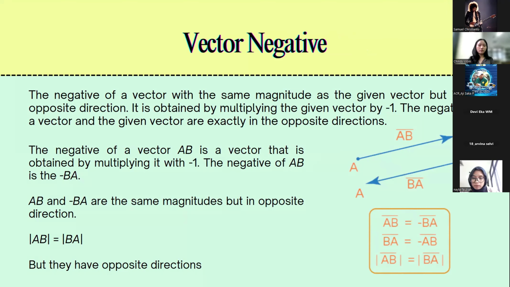So the negative of vector AB is a vector that is obtained by multiplying it with minus 1. The negative of vector AB is minus vector BA. So AB and minus BA have the same magnitude but opposite direction. So the norm of vector AB equals the norm of vector BA, but they have opposite direction.